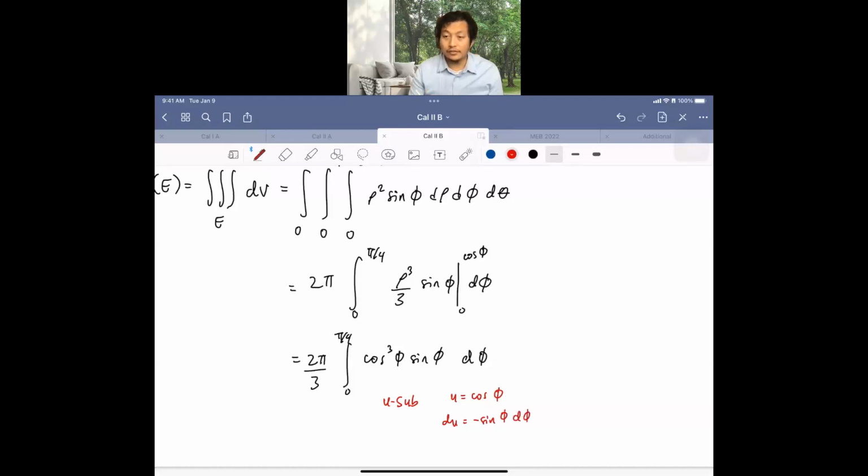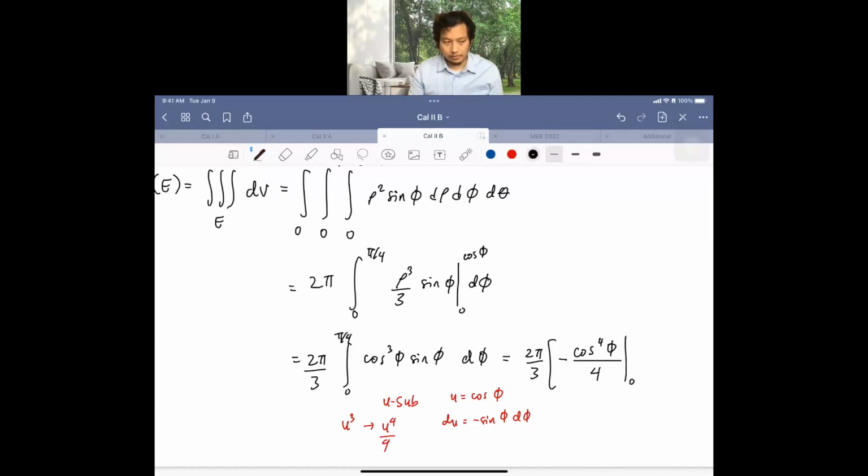And we could solve this integration, right? This becomes minus cosine to the power of 4 over 4, because it's u cubed, right? It's u cubed, so integrate this and it becomes this.